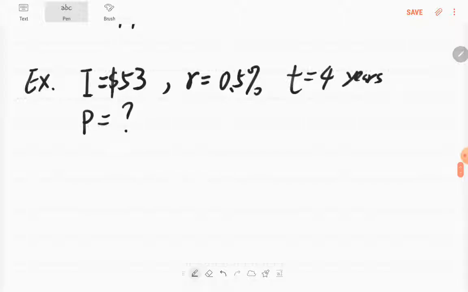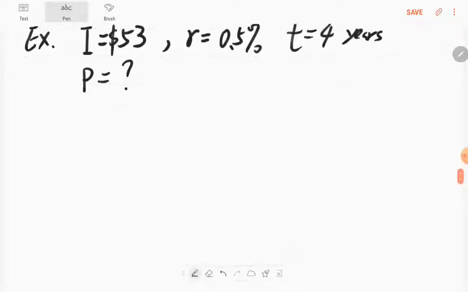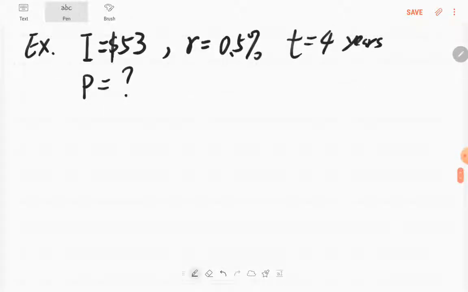We know the interest after 4 years at the rate of 0.5% is $53. What is the principal? We still use the formula I equals P times R times T. But now I is given, R is given, T is given. So we need to calculate P.